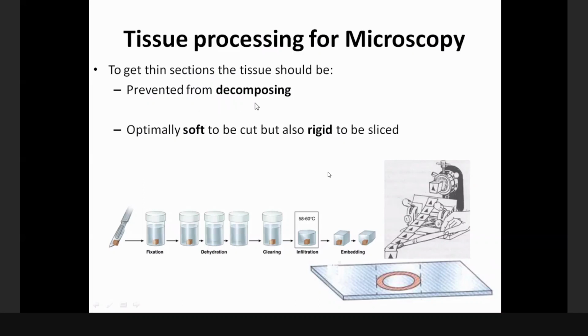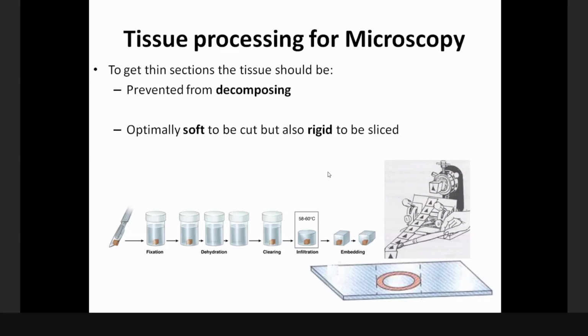Decaying has to be prevented. The second important thing, once the tissue is prevented from decaying, we have to have a manner of slicing our tissue down to micrometer thickness for light microscopy. When it is for electron microscopy, it has to be sliced down to nanometers.